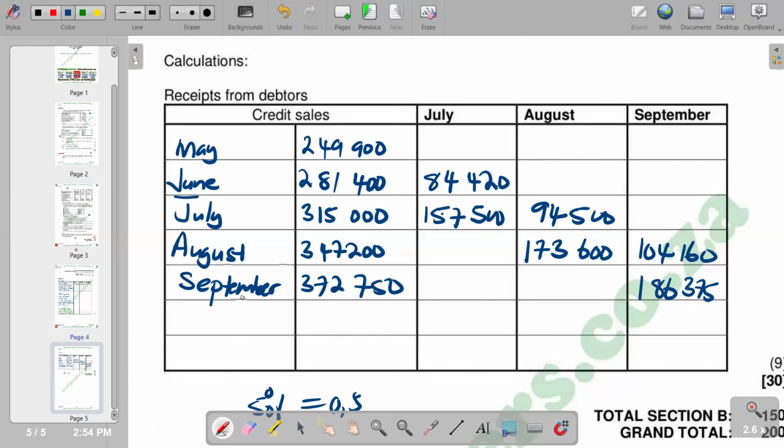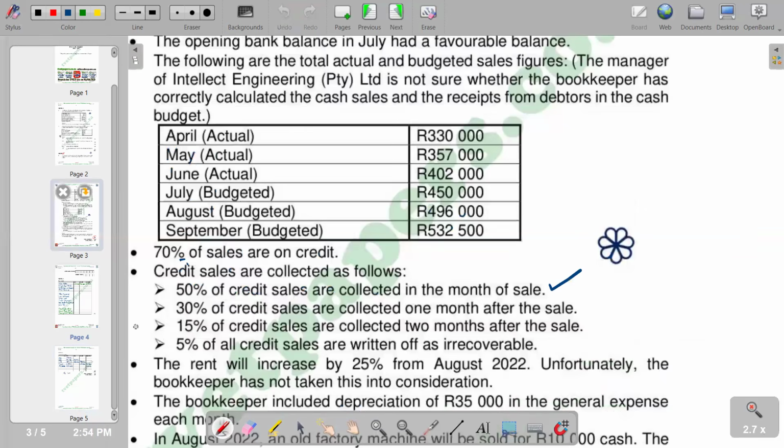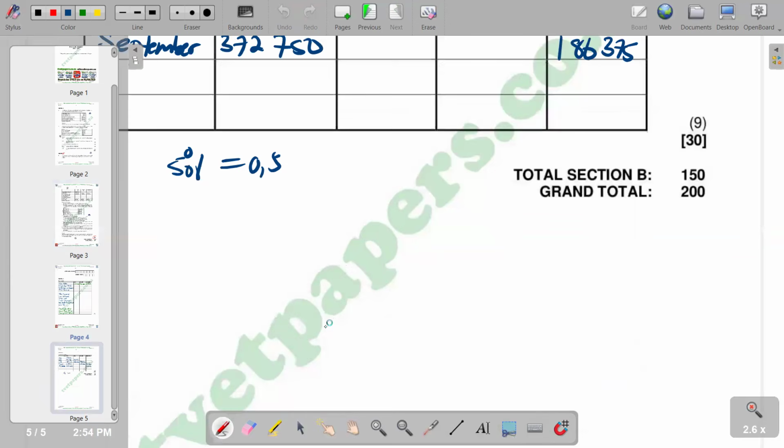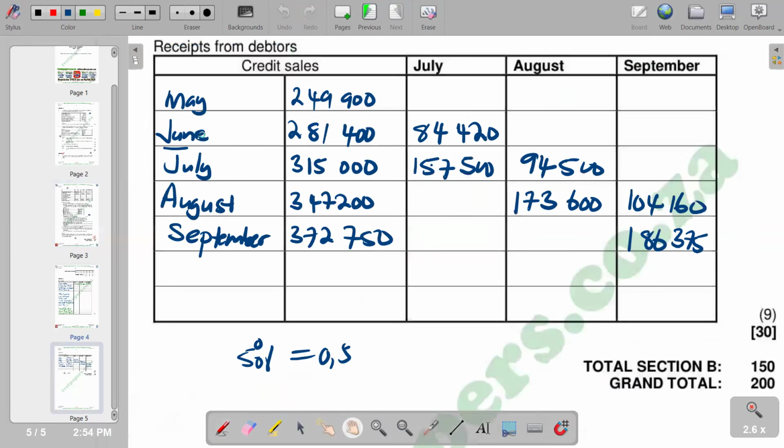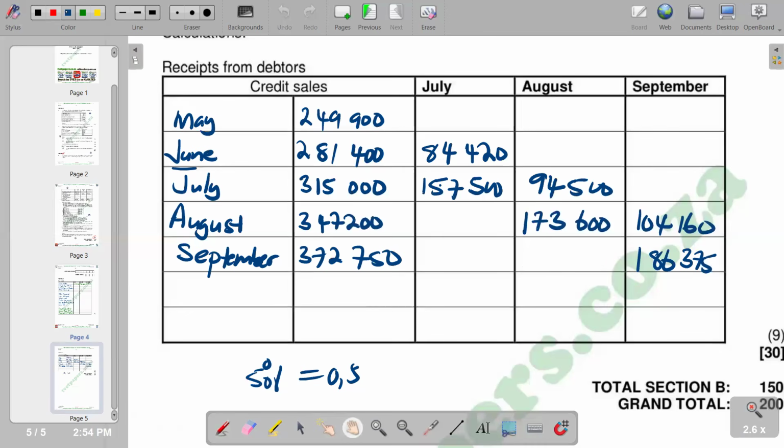And then the next instruction says 15% of credit sales are collected 2 months after the sale. So for the May credit sales, we calculate 15% and put them in the July column, because it is 1, 2 months after.